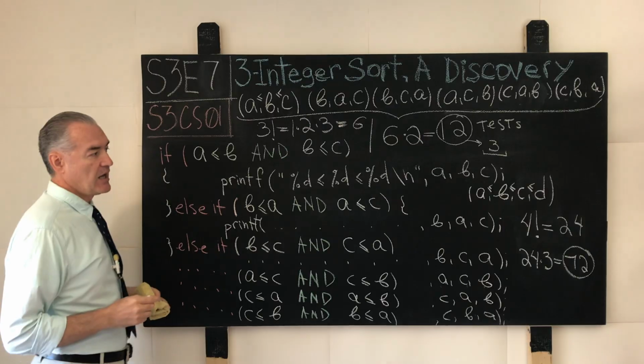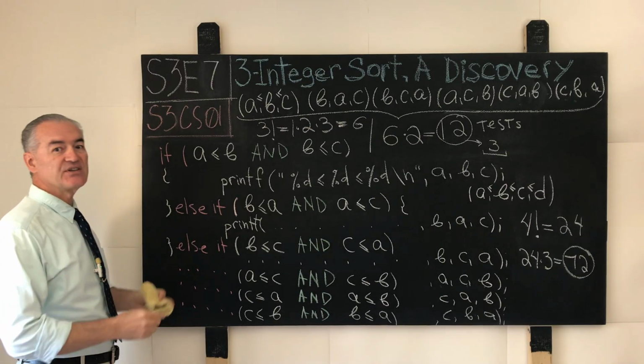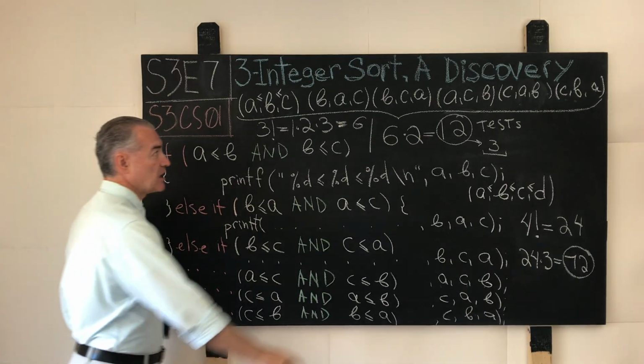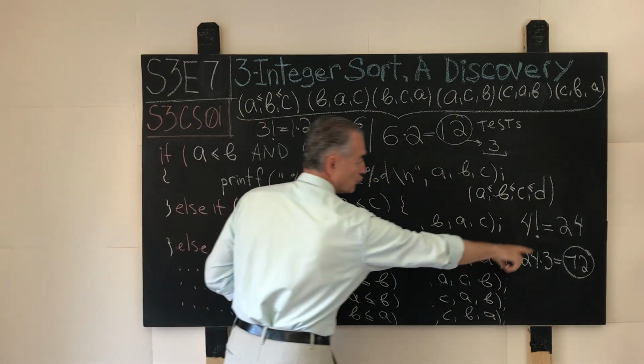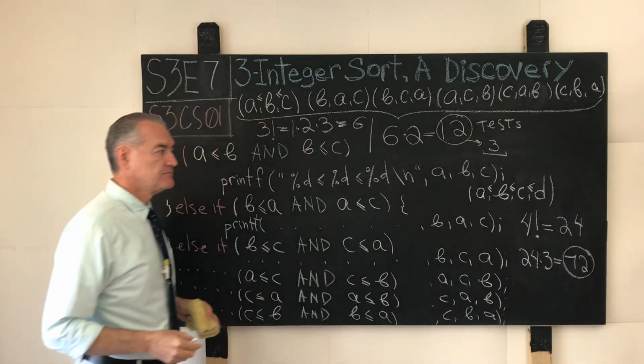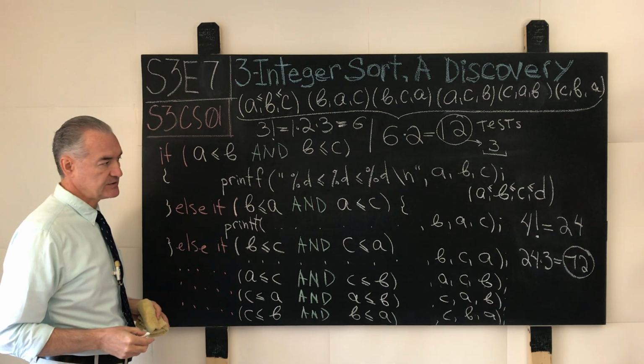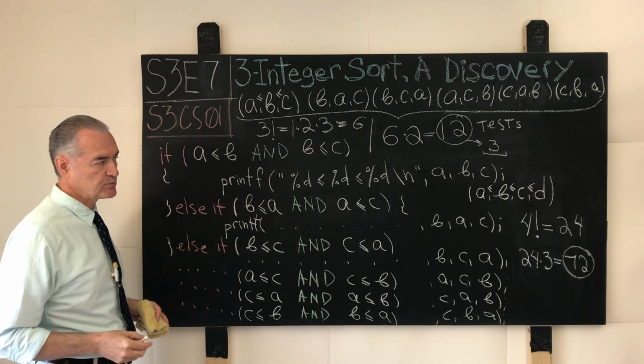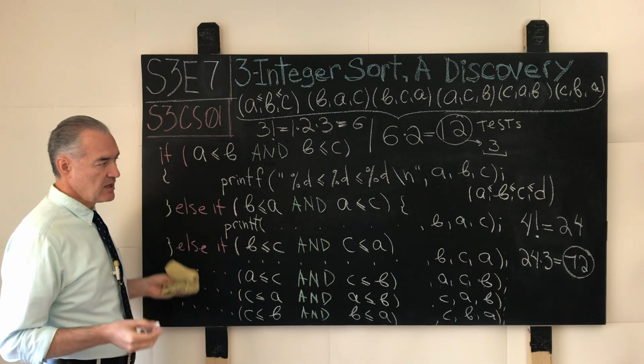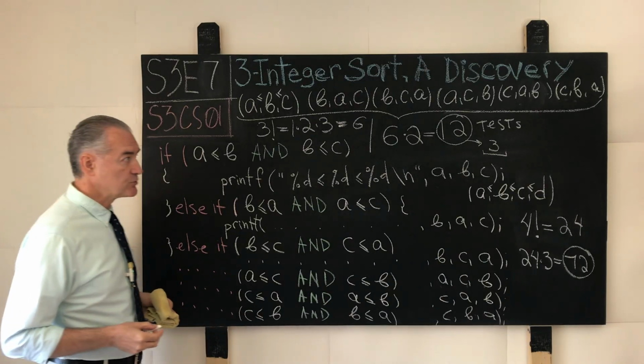Observe how a minimal increment in the size of the input, stepping from 3 to 4, generated an absolutely staggering increase in the amount of work that needs to be done.